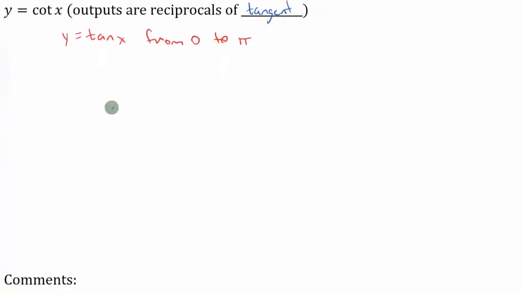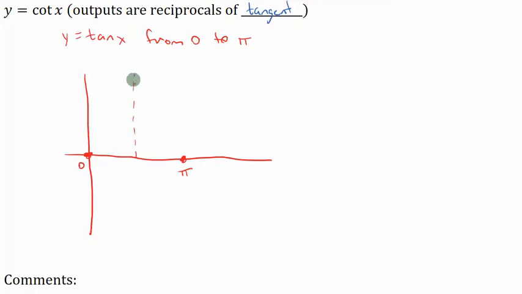So tangent, if I graph this in red, here's 0, here's pi. It starts at 0, ends at 0, halfway between has an asymptote, and then halfway between 0 and the asymptote, it hits its value of positive 1.